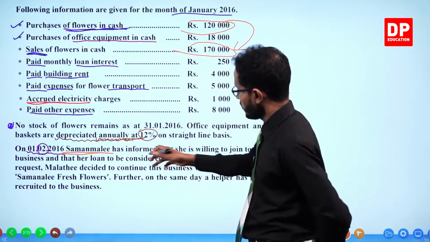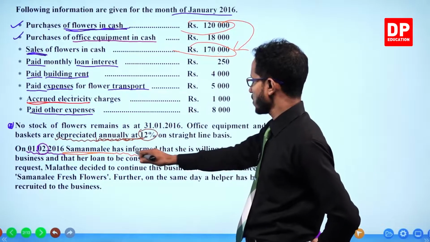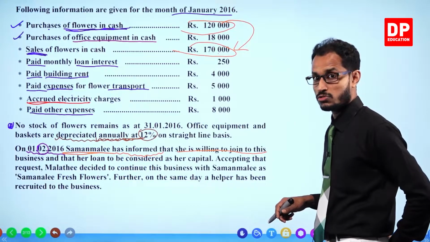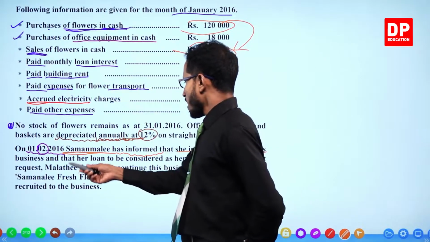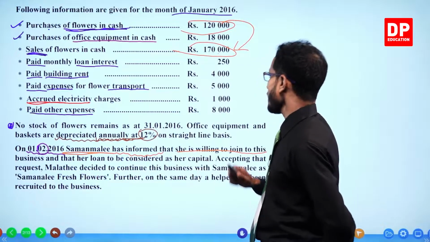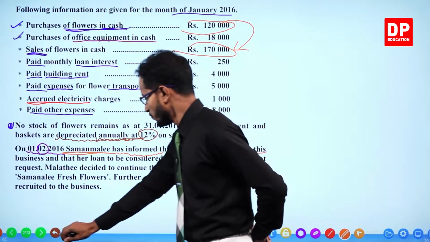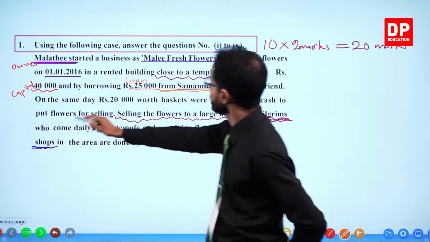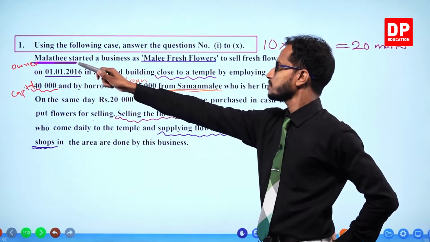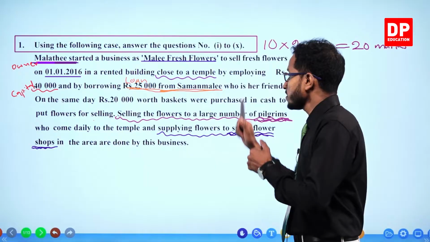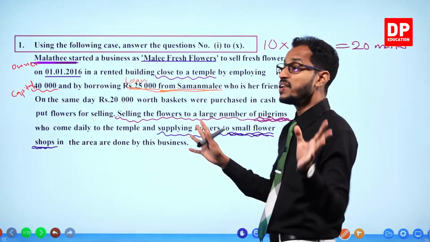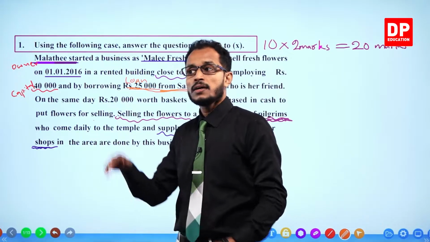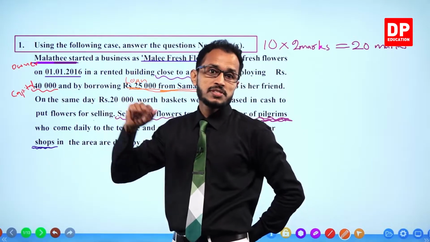She informs that she is willing to join the business. She wants to join the business. And her loan to be considered as a capital. That's a good move. How much is the loan? 25,000.